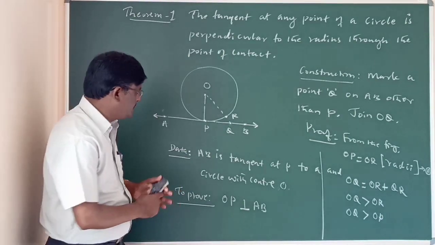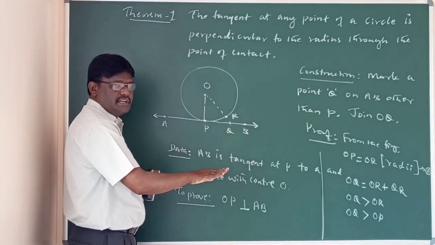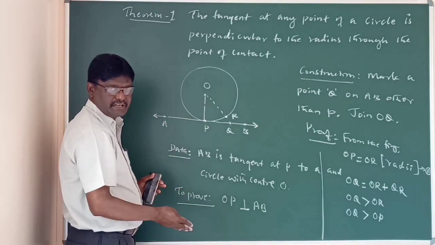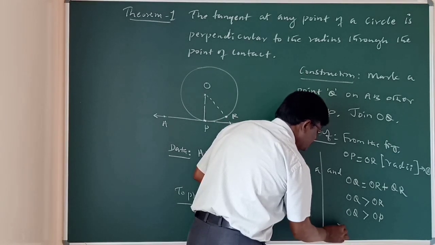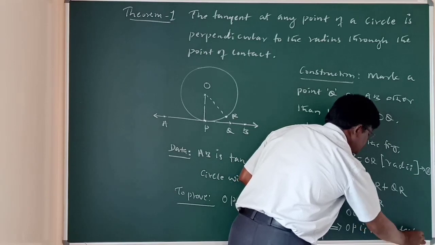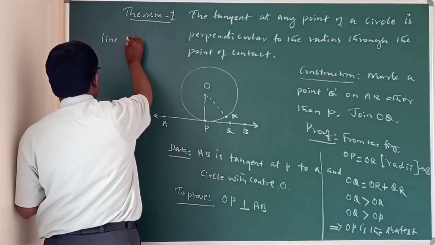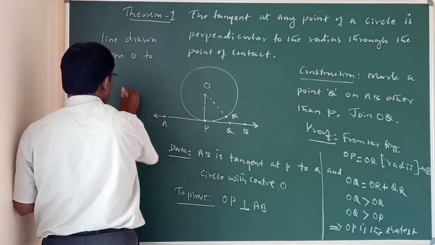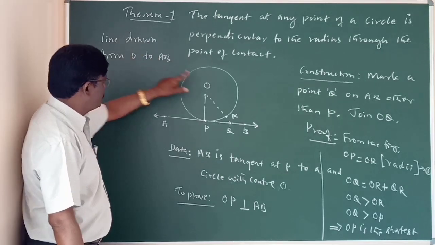I hope you understood. Once again, listen: from an external point to a given line, an infinite number of lines can be drawn, and of all of them the shortest will be the perpendicular. Now OQ greater than OP tells us OP is the shortest line drawn from O to AB.